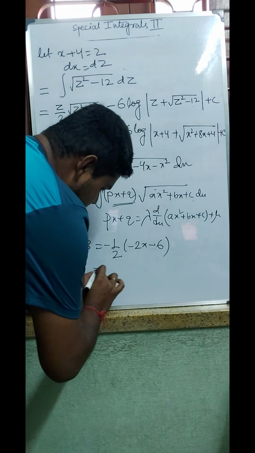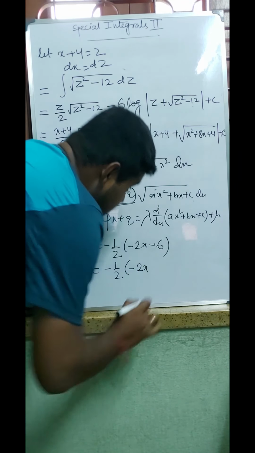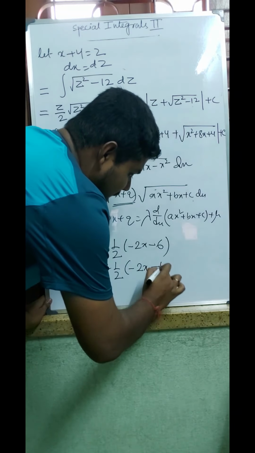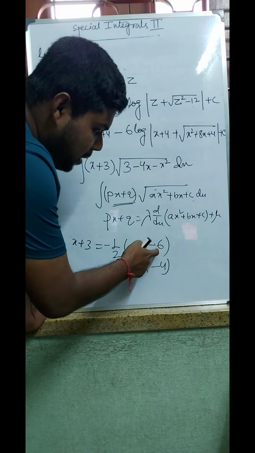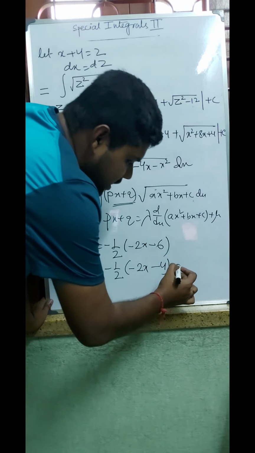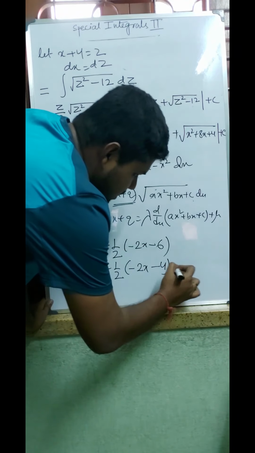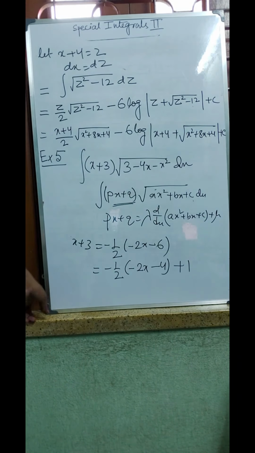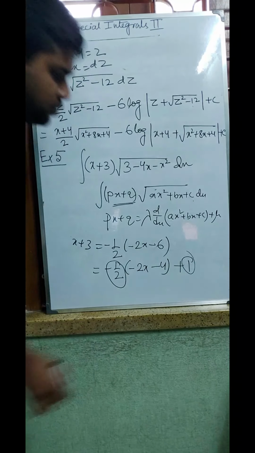Then I can write this as minus half into minus 2x minus 4, which is basically the derivative of this, and minus 2 is there if I take it outside, so it becomes minus half into minus this, so this becomes plus 1. Right? So this becomes your lambda and this becomes your mu.